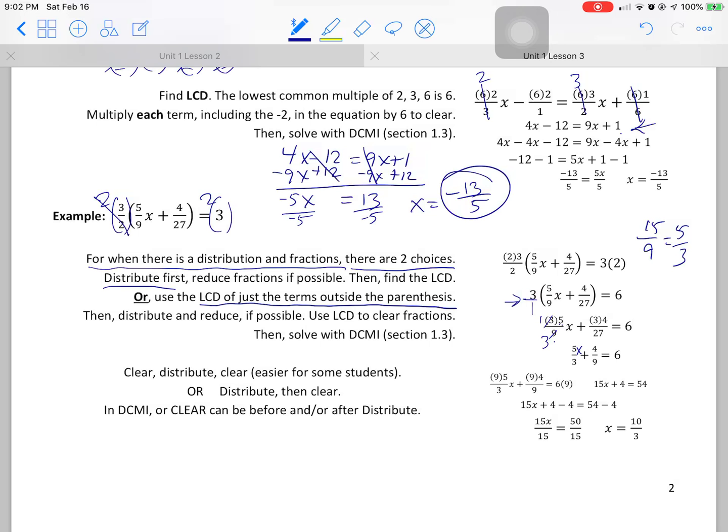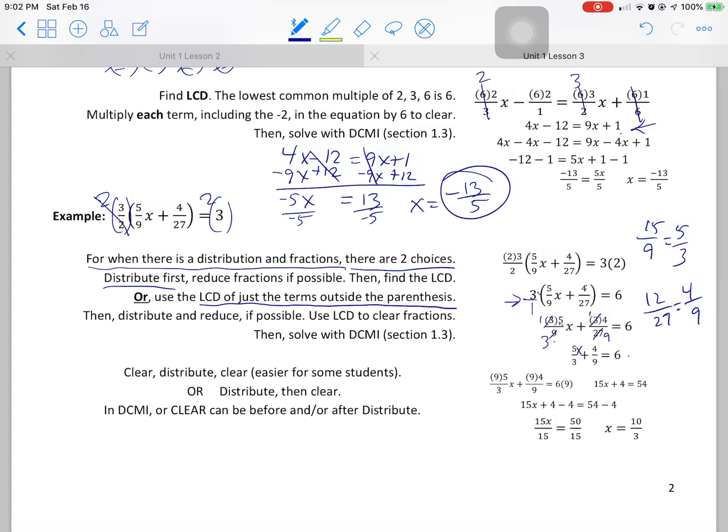All right. And then this one, 3 times 4 is 12 over 27. 12 over 27 equals what? Let's see. Take the 3 out of this, let's get to 9. So that's 4 over 9. That gets you the 6.